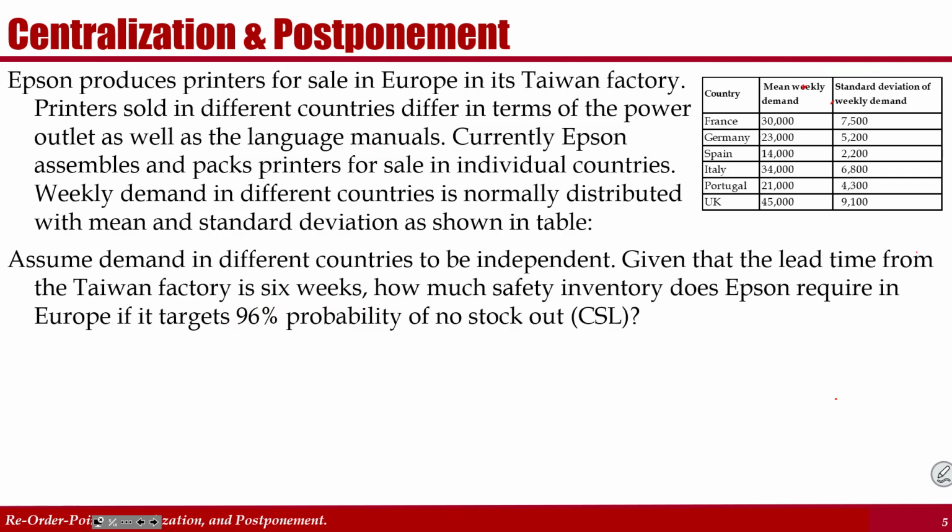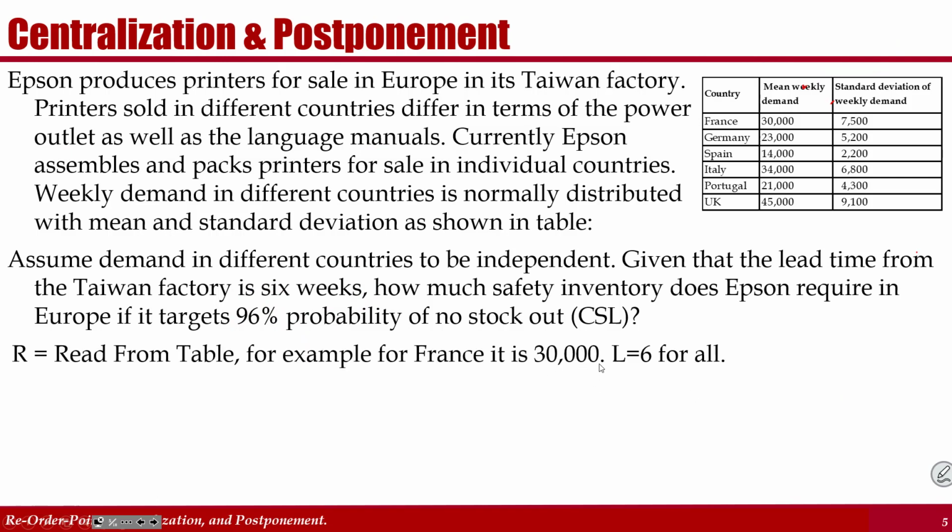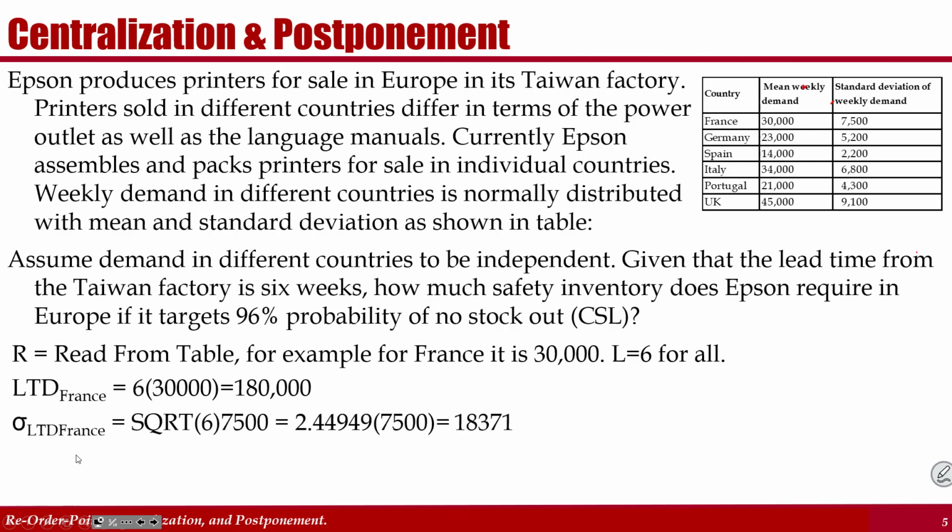Let's look at France, for example. Average demand per week is 30,000. Lead time is 6. Therefore, lead time demand is 6 times 30,000, which is 180,000. The standard deviation of lead time demand is the square root of lead time times the standard deviation of weekly demand, and that would come out to 18,000. Z of 96% is this one.